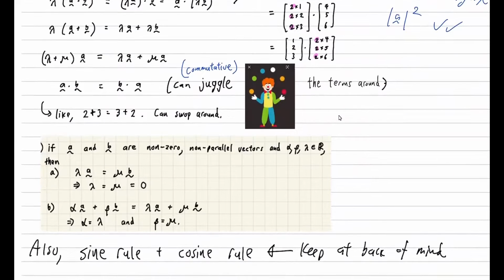Okay, then another 2 more points. If A and B are non-zero and non-parallel to each other, then lambda A equals mu B means that the scalars you multiply must both be equal to 0. That's the only way.